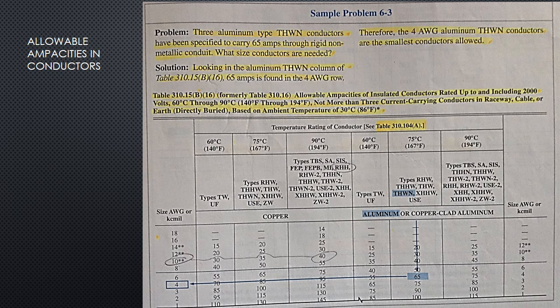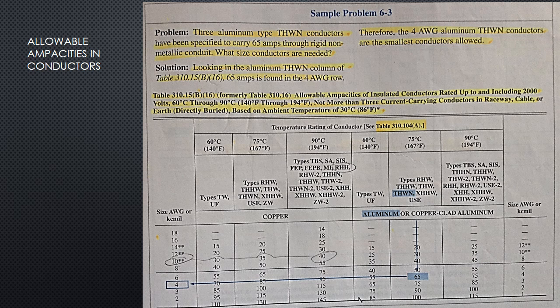The next problem, sample problem 6-3. 3 aluminum type THWN conductors have been specified to carry 65 amps through rigid non-metallic conduit. What size are the conductors needed?